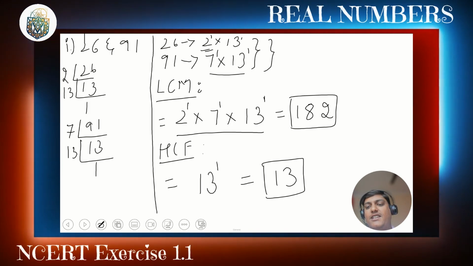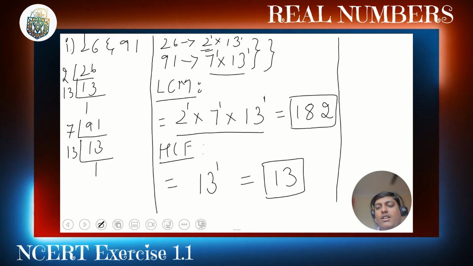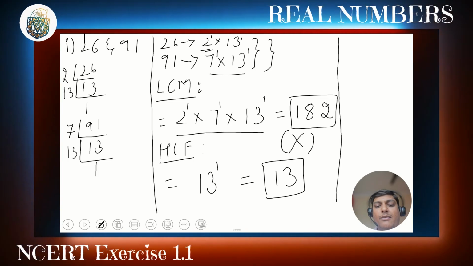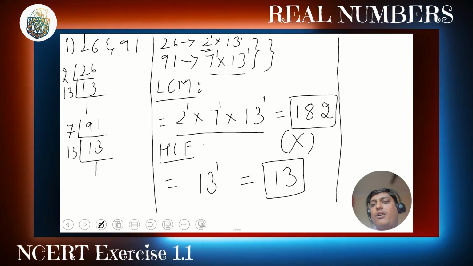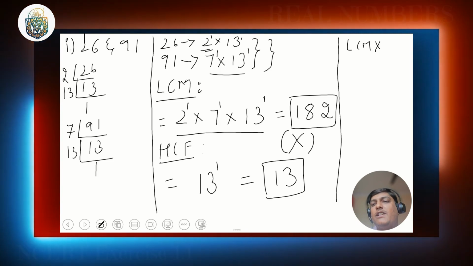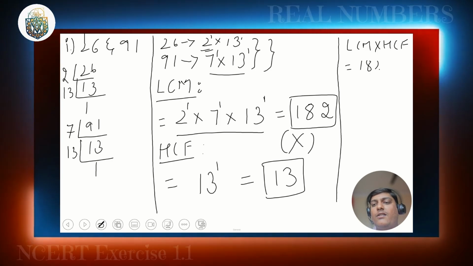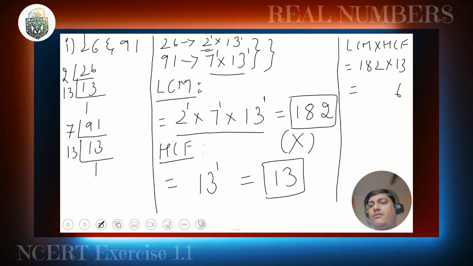So what is the next step? The next step is we have to check whether the product of LCM and HCF is equal to the product of the two numbers. Please check. So if I do LCM into HCF, what will I get? 182 into 13. Correct?